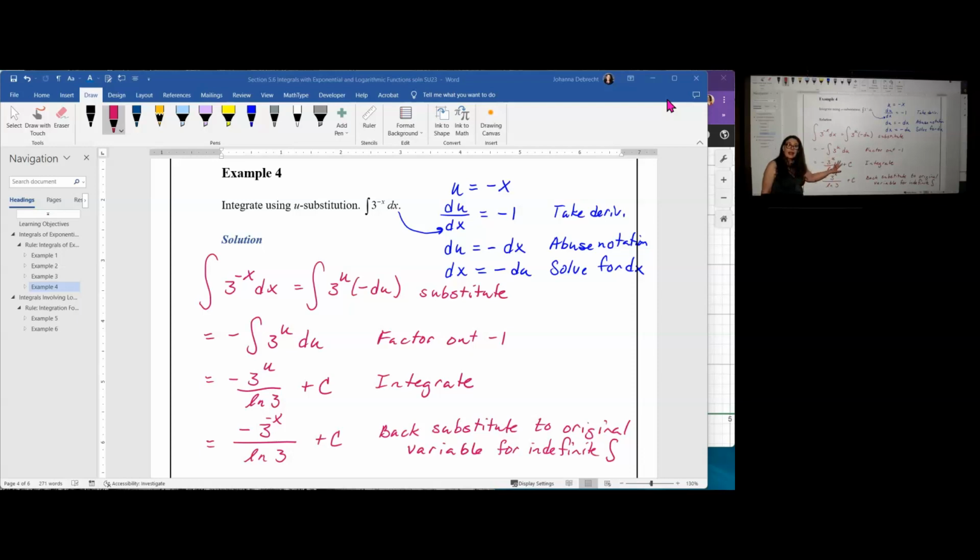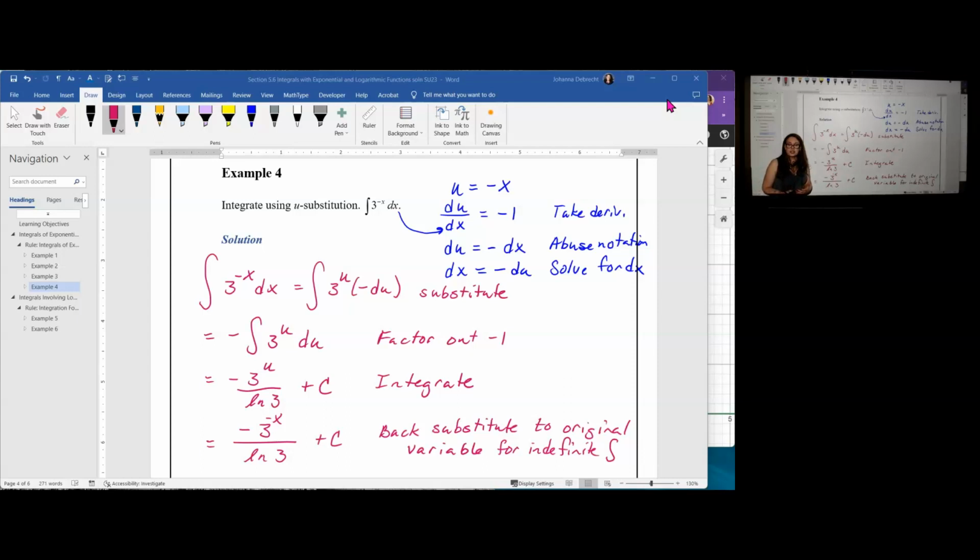Because I am getting a family of functions, I must return to the original variable in the original differential. You can see why the differential is so important. Now we back substitute and replace u with negative x. And this gives us our final antiderivative function up to the constant plus c.